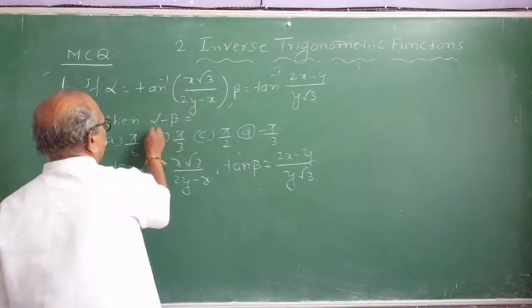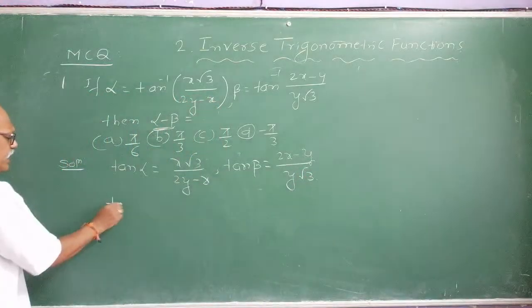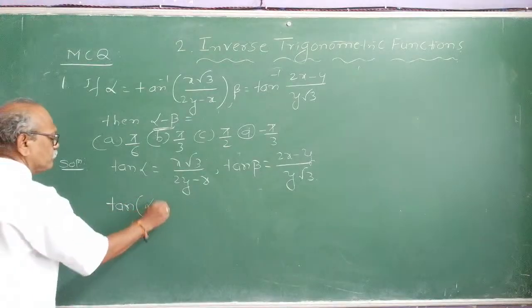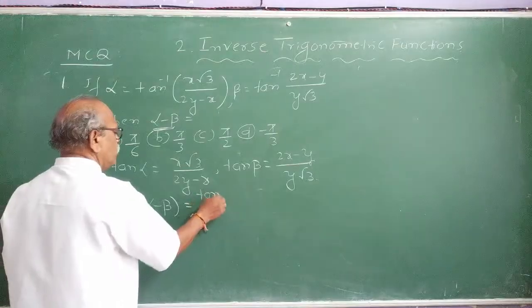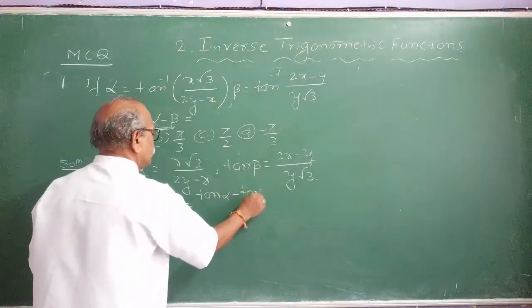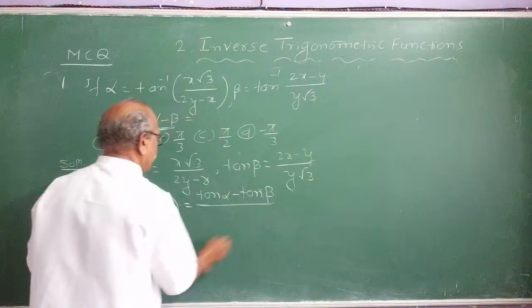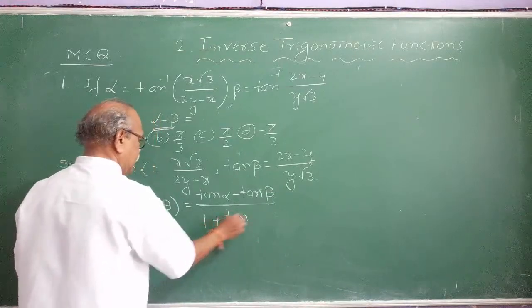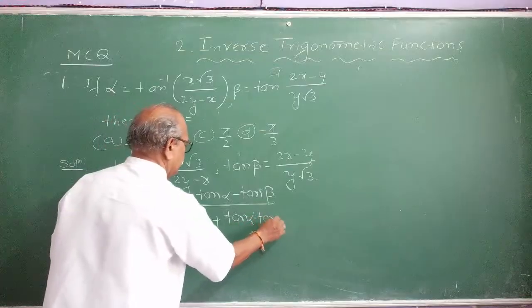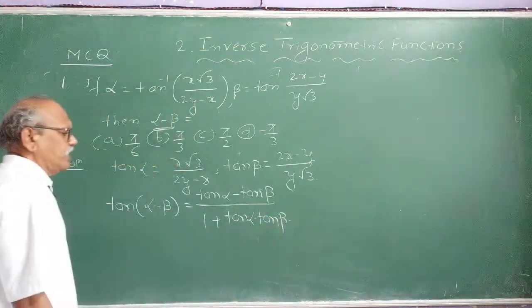You are asked to get alpha minus beta, therefore you take tan of alpha minus beta. What is the formula of tan A minus B? You have tan alpha minus tan beta divided by 1 plus tan alpha into tan beta. Substitute the values and simplify.